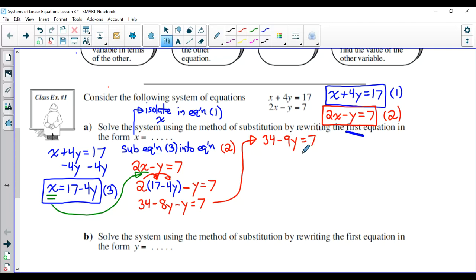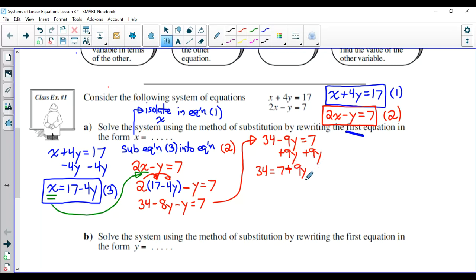Now I want to get y by itself. It's usually easier to isolate a variable if it's positive, so let's get the y onto the other side. Let's add 9y, in which case we have 34 is equal to 7 plus 9 times y.